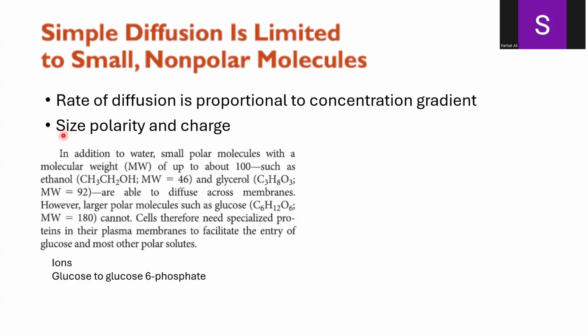So molecules which are smaller in size, non-polar, and uncharged will be able to diffuse rapidly as compared to molecules which have a larger size, are more polar or charged. So therefore, small hydrophobic non-polar substances, uncharged substances, can easily pass through the membrane.